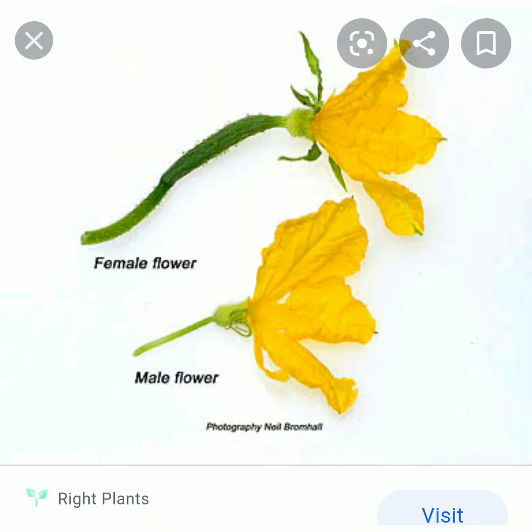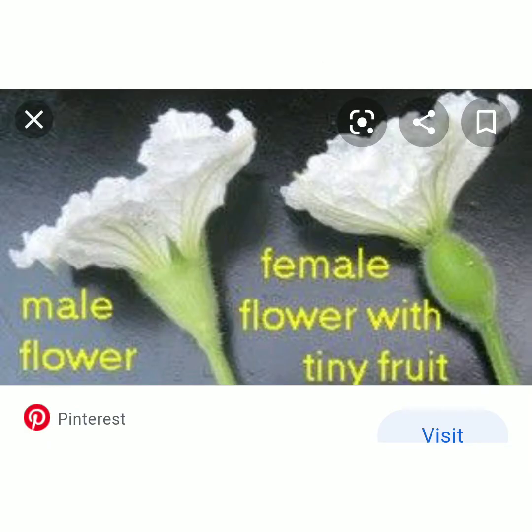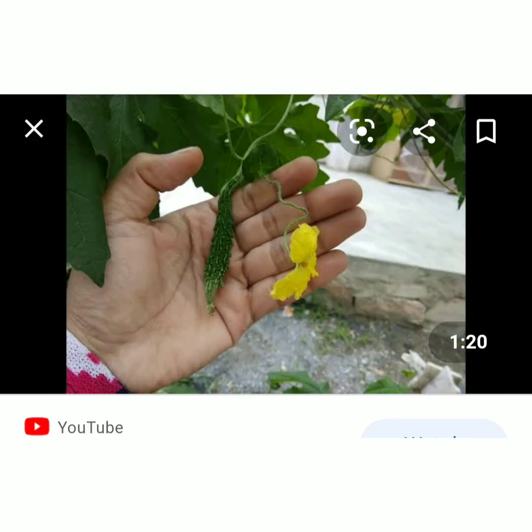Uni means one, that is, one at a time. Male flowers have only the male reproductive part, that is androecium or stamens, whereas female flowers have only pistil or gynoecium. So they are called male flowers and female flowers. These are called unisexual flowers.